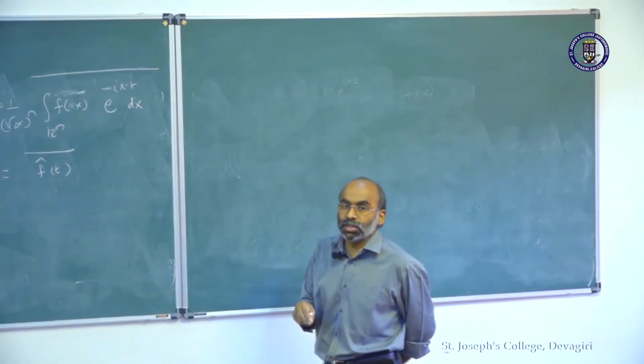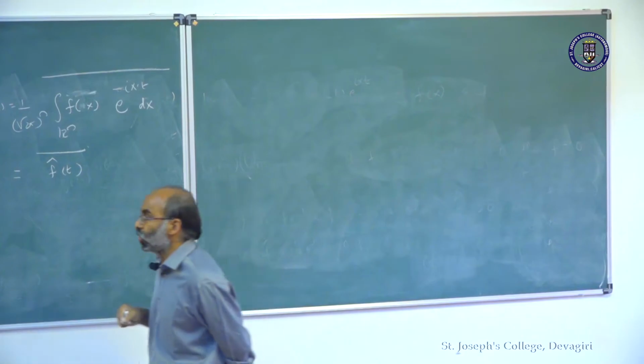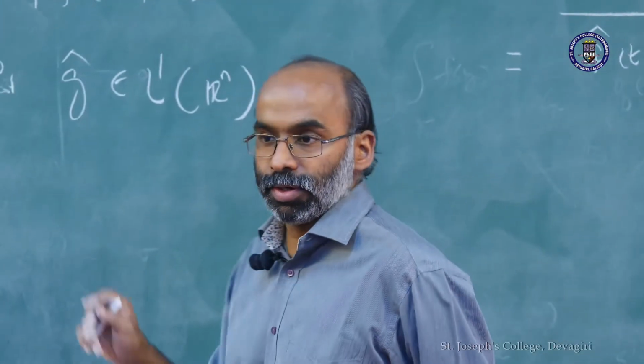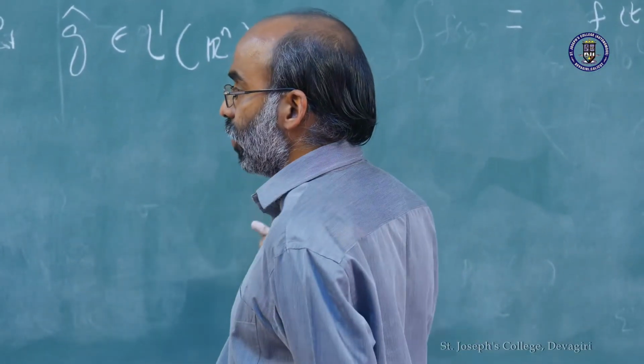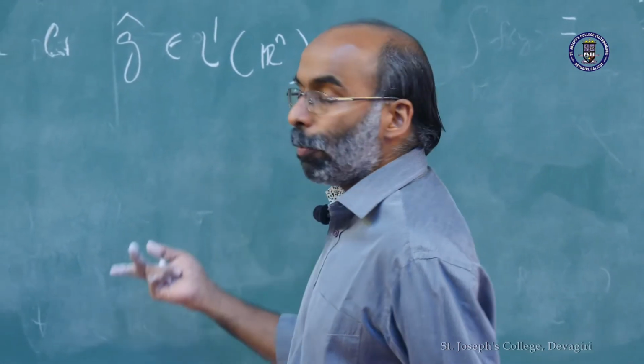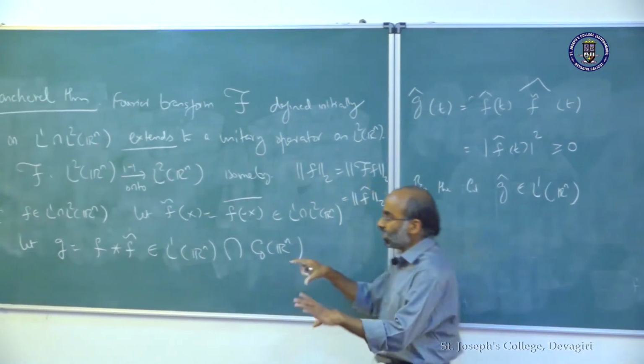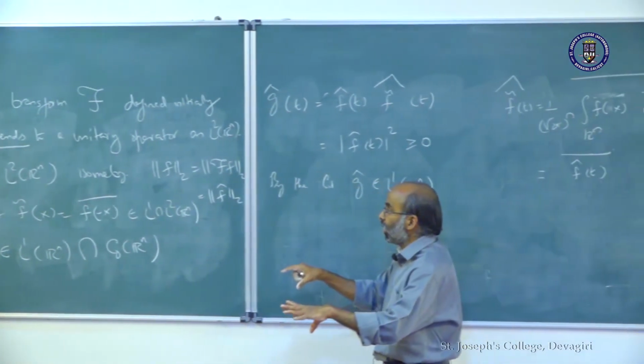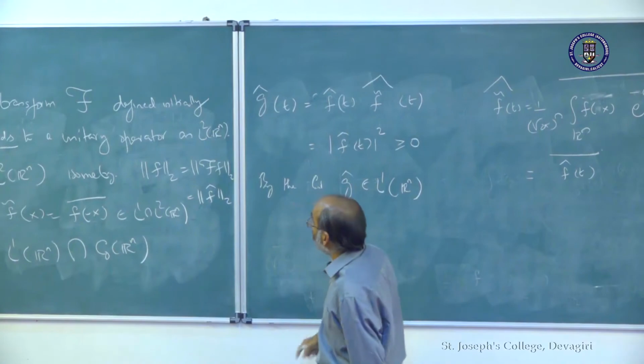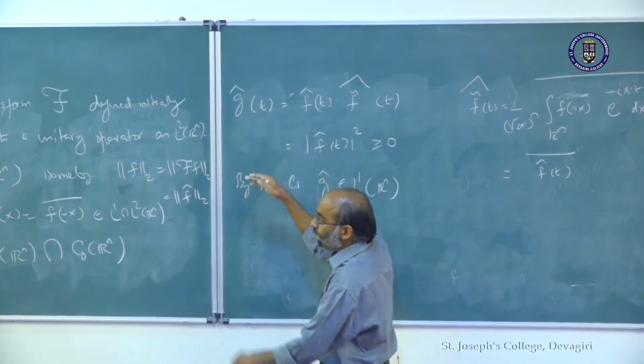So, now I have a function which is in L1 whose Fourier transform is also in L1. So, I can invert, and remember the inversion would be true at all points. Why? Because I have continuity. Remember you had two functions which are equal almost everywhere, but now g is continuous, g hat is in L1. So, when I invert, the integral is continuous.